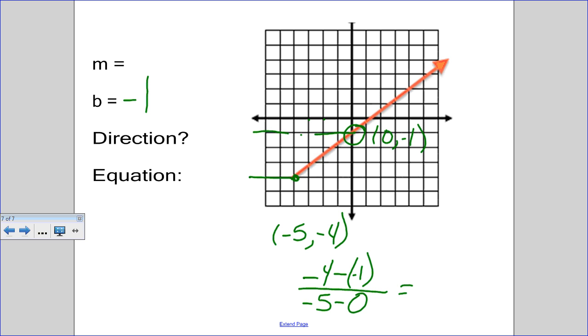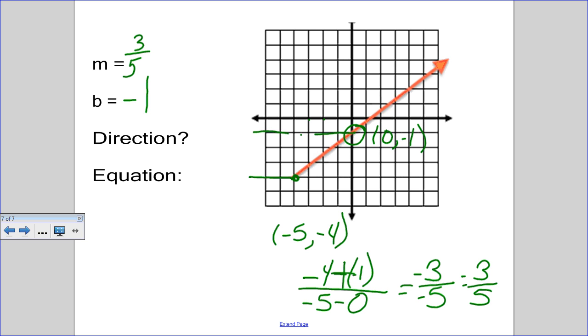Remember, minus negative 1 is like saying plus 1, so negative 4 plus 1. So on the top, I see a negative 3 over, let's see, negative 5. If we simplify that, it would be 3/5. So our slope is 3/5.